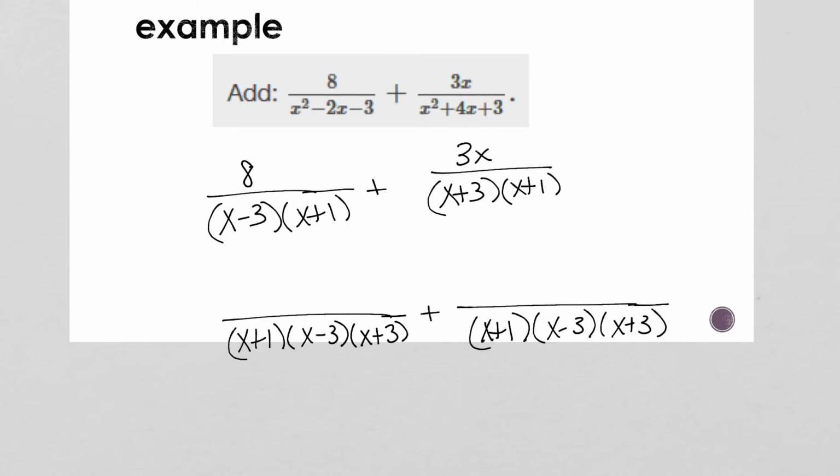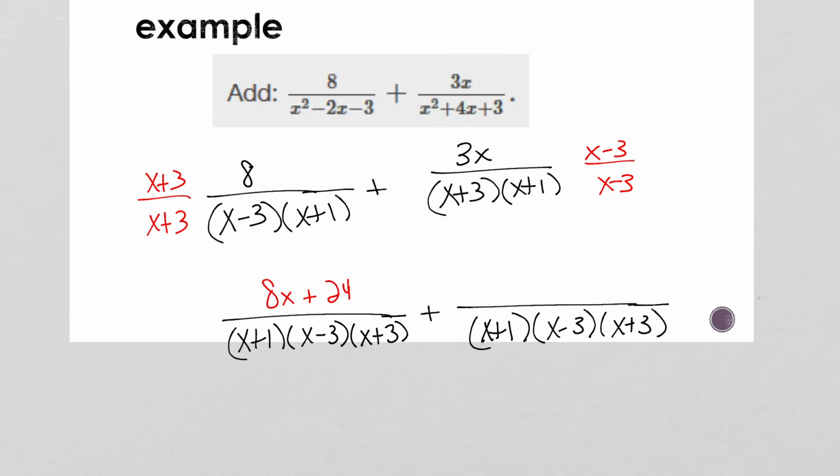All right, so let's take a look at what's missing from here to here. We're missing the x plus 3. So I want to multiply by that version of 1, which is x plus 3 over x plus 3. From here to here, we're missing x minus 3. Let's go ahead and distribute. So on the left, I get 8x plus 24.